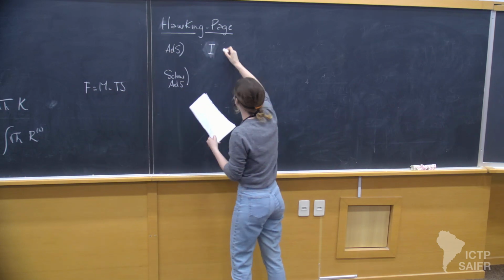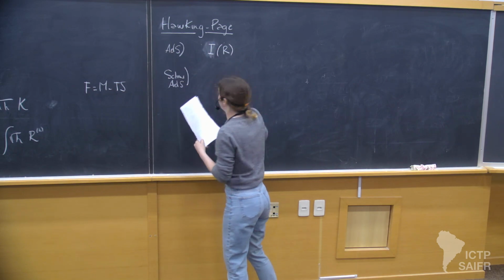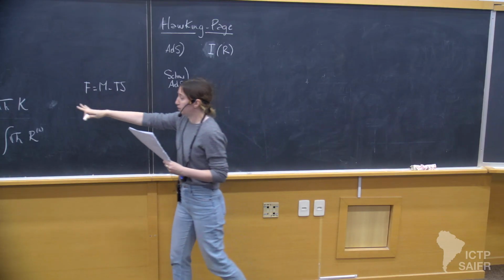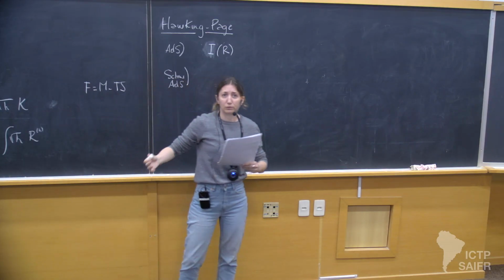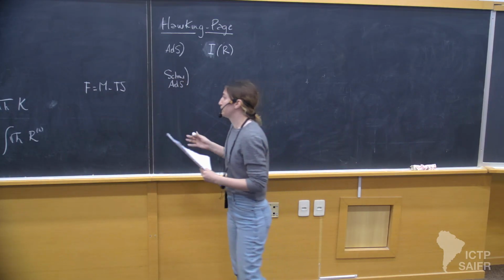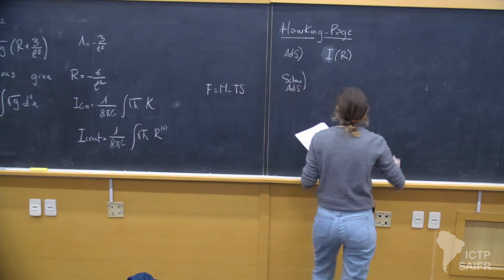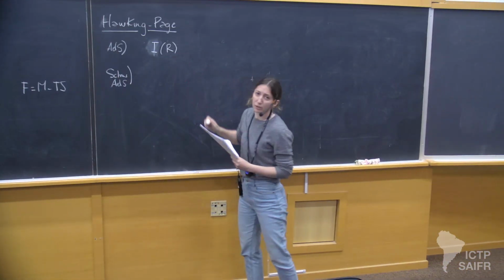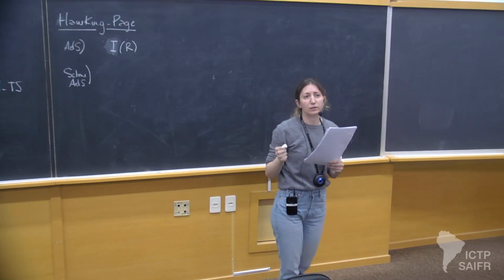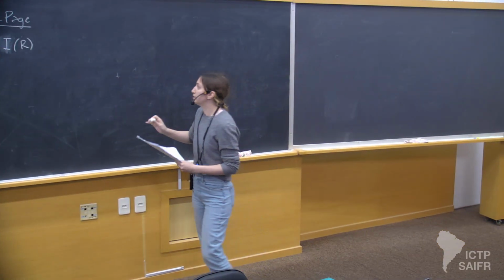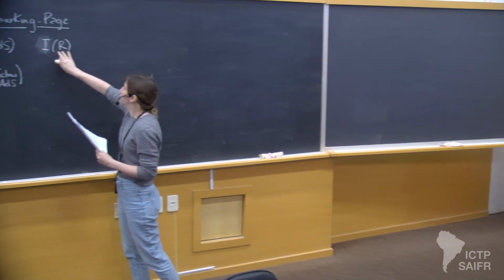So this quantity here will diverge, because I have to take the integral over the radial coordinate, and if you have AdS, you are subject to divergences. So I'm going to use a cutoff. Instead of integrating all the way to r goes to infinity, I'm going to take a cutoff, big R, to be large.